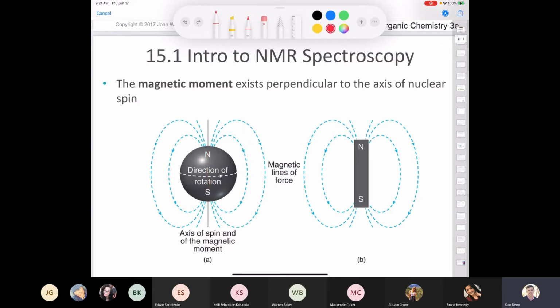Now, there's something missing here in our atom, right? If this is the nucleus, we know that a nucleus is surrounded by what? Electrons. So we don't have electrons in here yet. We're just talking about the spinning nuclei.